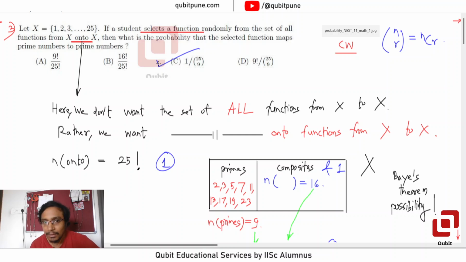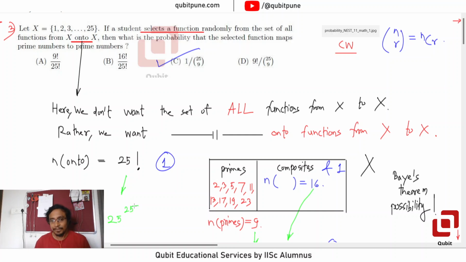No, sir. Okay. Now the question would have changed slightly or maybe drastically, we don't know, if they had not given us the condition of onto. मतलब अगर उन्होंने सिर्फ यही बोला है कि कोई भी फंक्शन चूज करो, तो ये वाला पार्ट भी रिप्लेस होके क्या बन जाता? Anyone with the idea how many functions would that be? 25 raised to 25. है ना, सबको 25 ऑप्शंस रहेंगे.